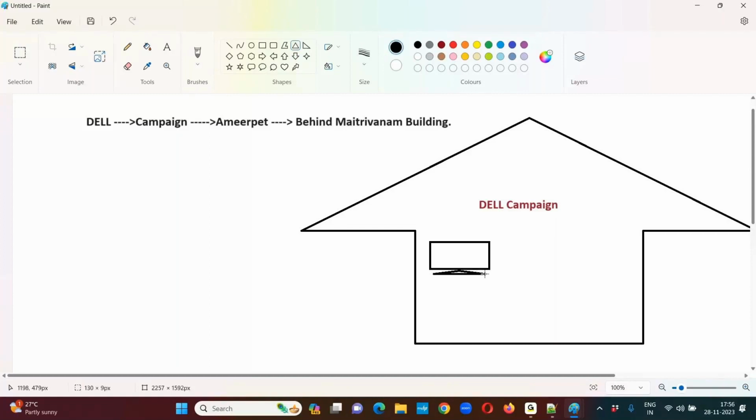The recently manufactured printers also, whatever printers they have manufactured, they're placing inside this campaign.